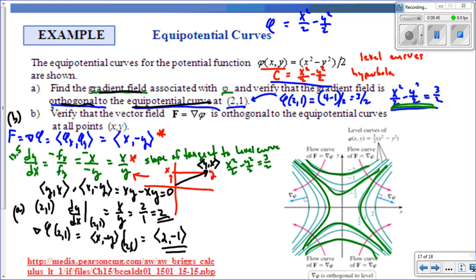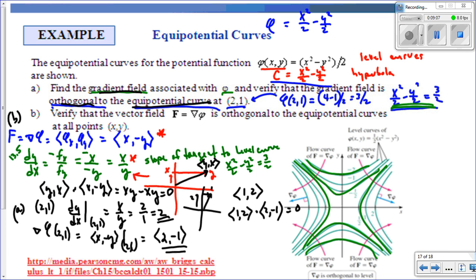Changing the slope into a vector, a slope of 2 is up 2 and over 1, which would be the vector 1, 2. So 1, 2 dotted with 2, negative 1 again gives us 0.